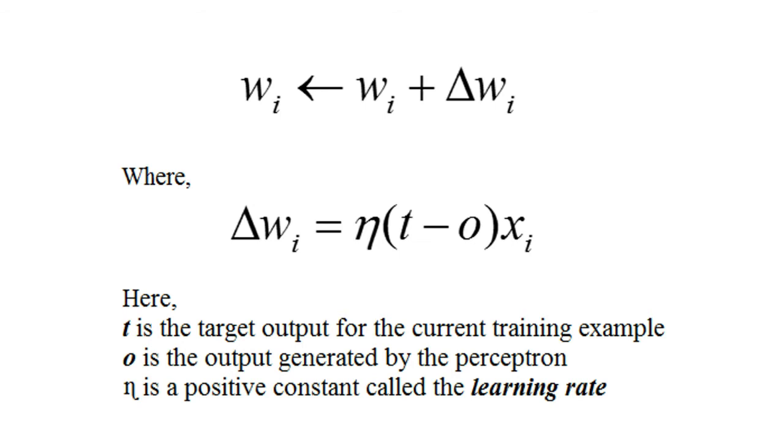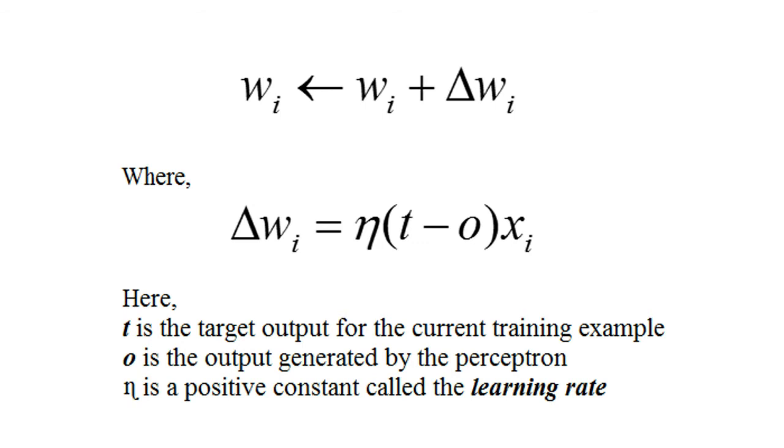Here the variables used are as follows. Delta Wi indicates how much we should change the value of the weight Wi. In other words, this is the amount that is added to the old value of Wi to update it. This can be positive or negative, meaning we might increase or decrease Wi.